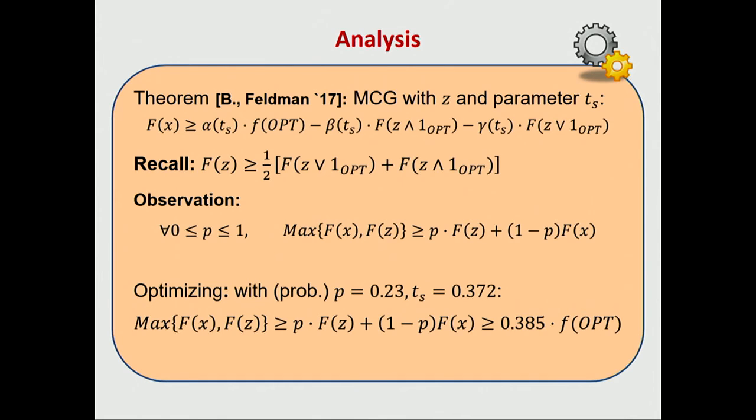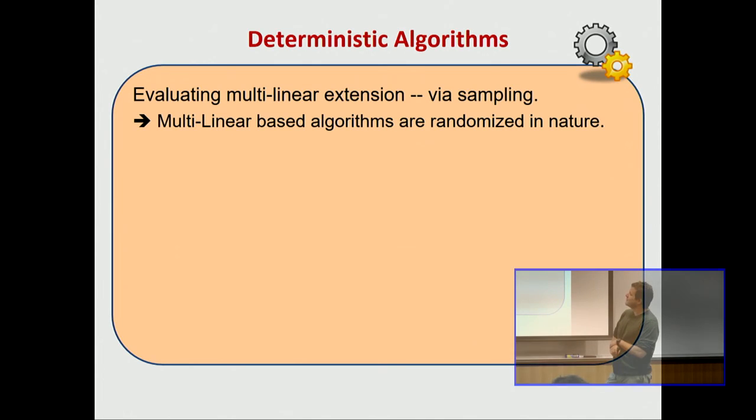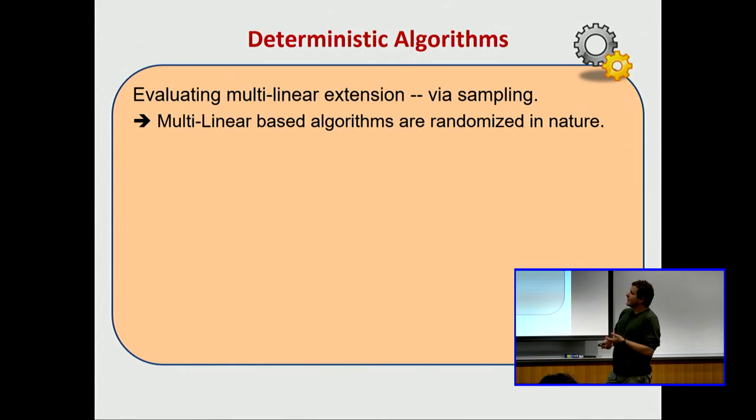Okay. In the last 10 minutes, I will tell you about deterministic algorithms. If you don't like to get a guarantee in expectation again, you can ask yourself if you can use the multilinear algorithms to just get the 1 minus 1 over e algorithms, or this 38.5.